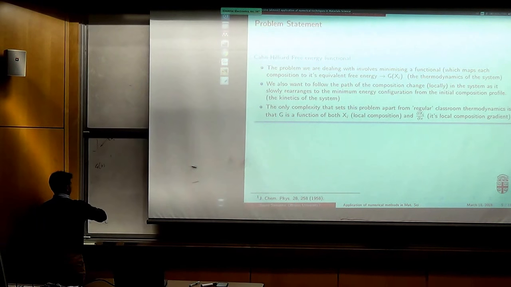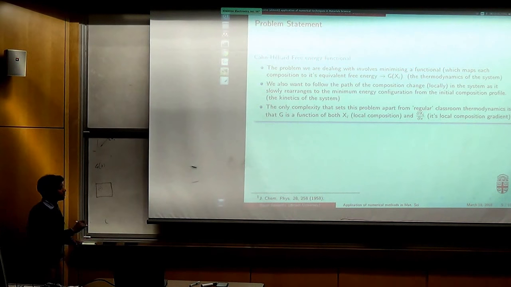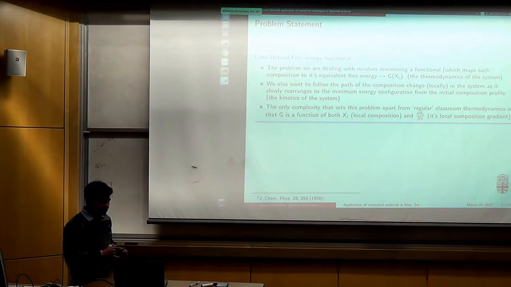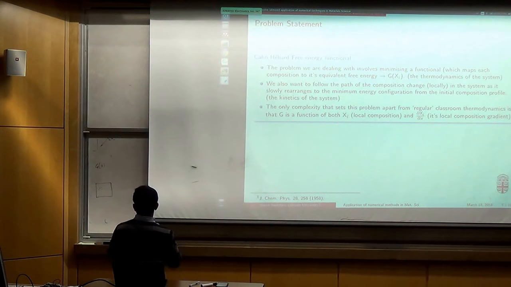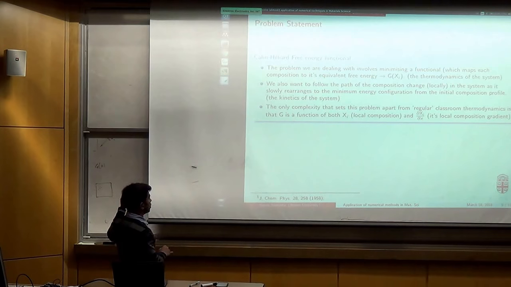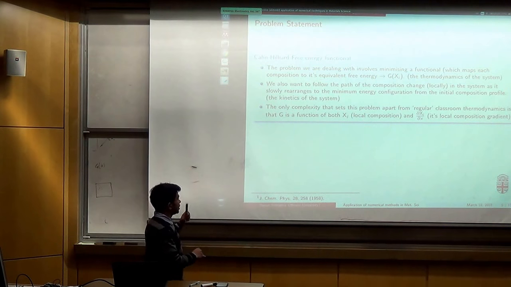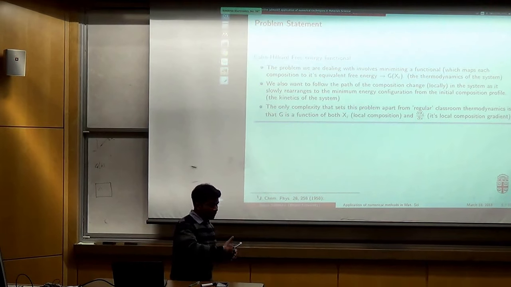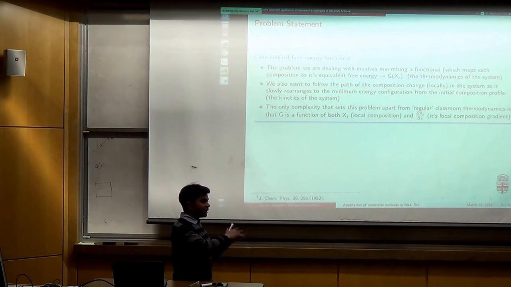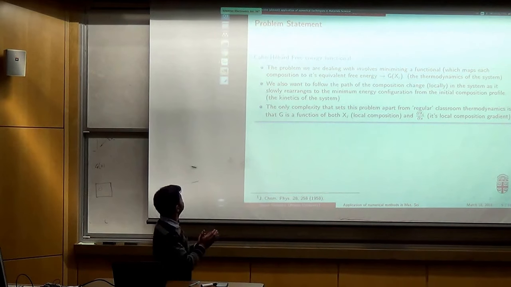So if you have a system like this, like a box, the value of g at any point will be directly correlated to the value of x, or the composition, at that point, not how that composition varies in the periphery of it. That is not happening. But in the most general case, the function g does not just depend on the local composition, which is x, but also on the local composition gradient, that is, how that composition varies in the region around it.